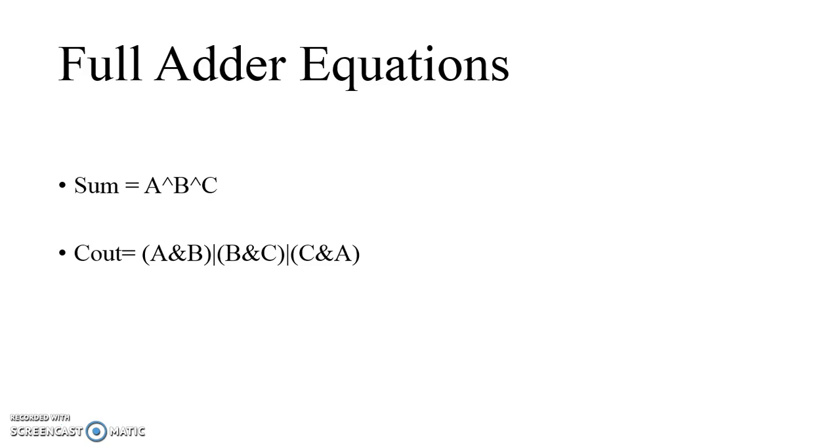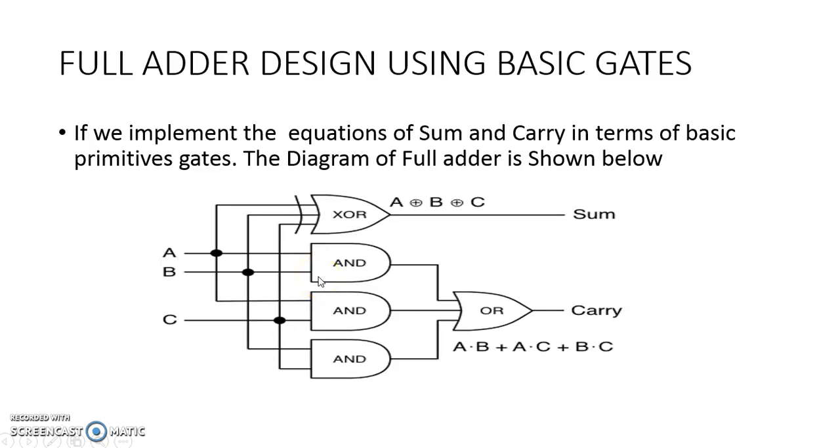Now, if we solve the K-map for sum and carry, we get the sum and carry equations, which are shown in the slide. Here sum is A XOR B XOR C in, and carry is AB plus B C in plus C in A. If we implement the equations of sum and carry in terms of basic gates, then the diagram of the full adder is shown below.